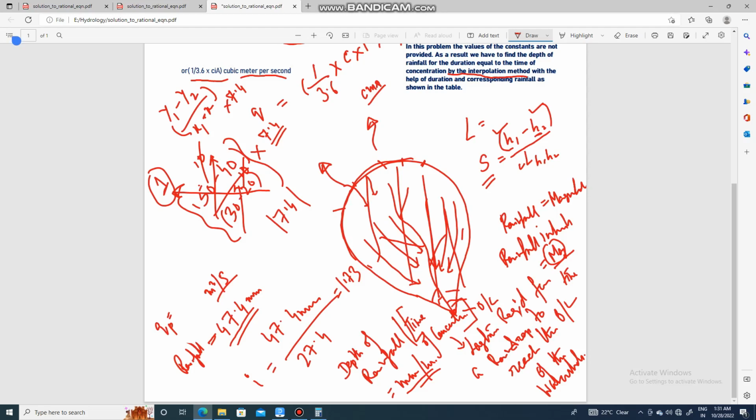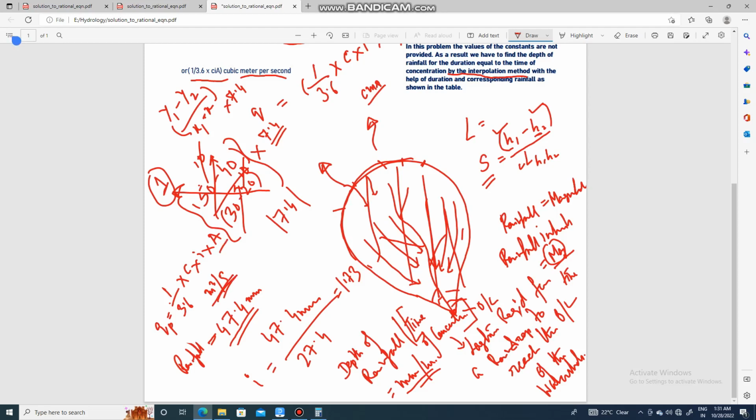If I modify the rational equation by rearranging the units, we will find 1 by 3.6 into C into I into A, and this QP will be in meter cube per second.